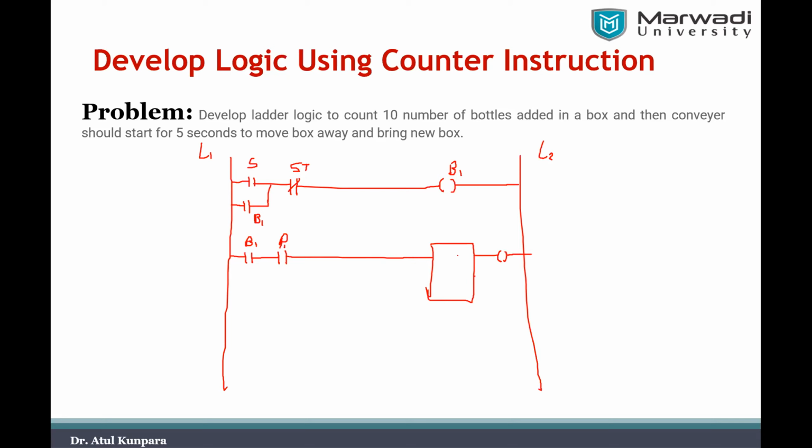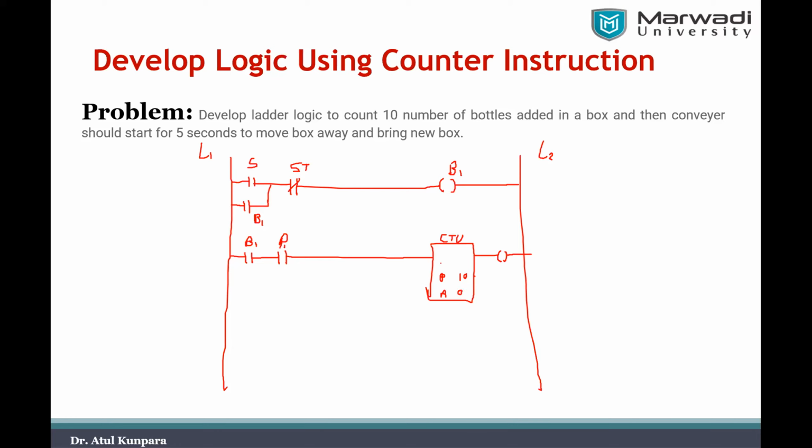In the counter, let's say it is CTU. It is an up counter. And I'm setting the preset value to, let's say, 10, because here we want to make the count of 10. Right? Your accumulator value will be starting from 0.